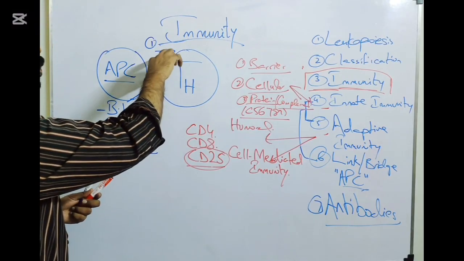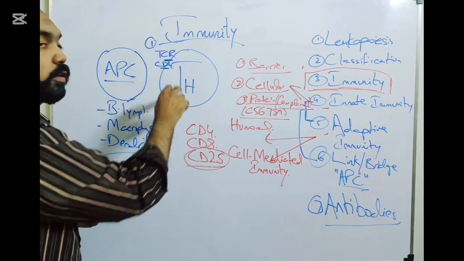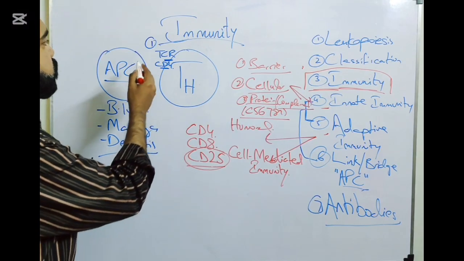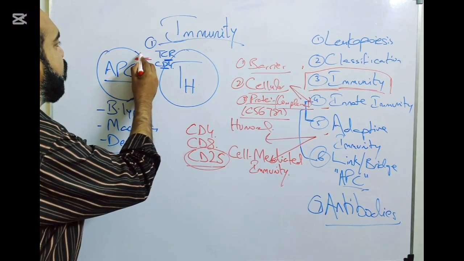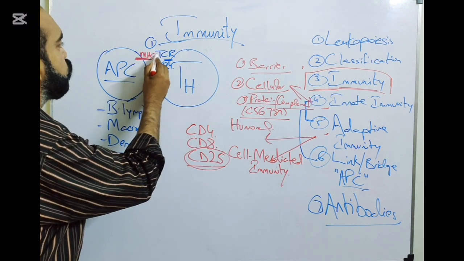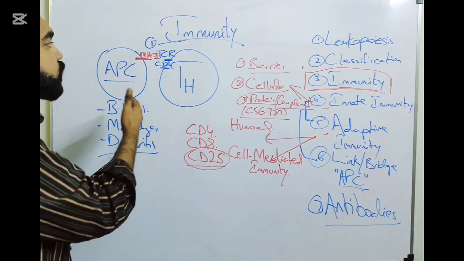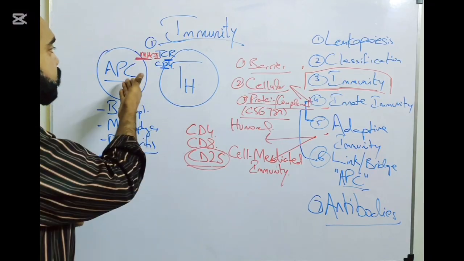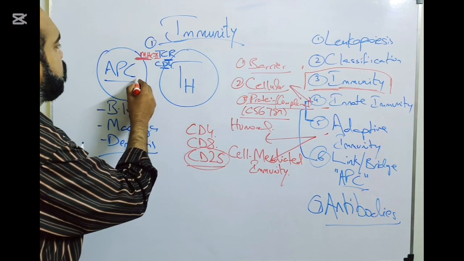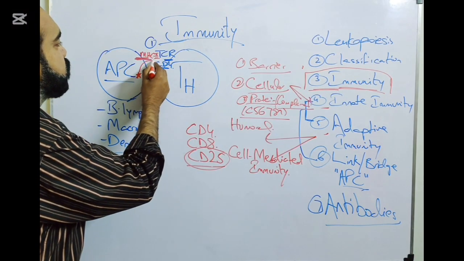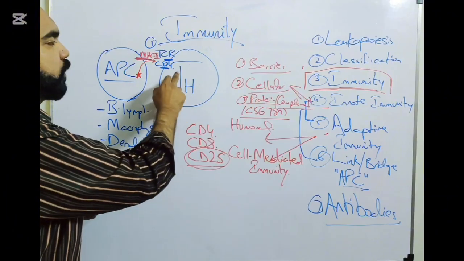So this receptor and this marker should be present without any defect to have a strong immunity. And APCs express MHC II, major histocompatibility complex 2, which facilitates presenting the antigen, for example, the phagocytosed, degraded protein, to helper T lymphocytes.